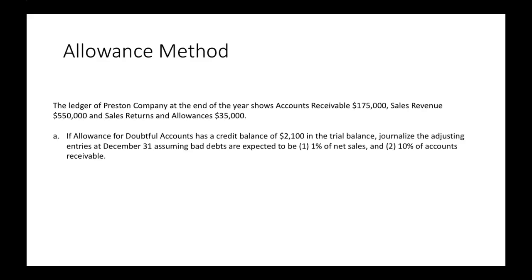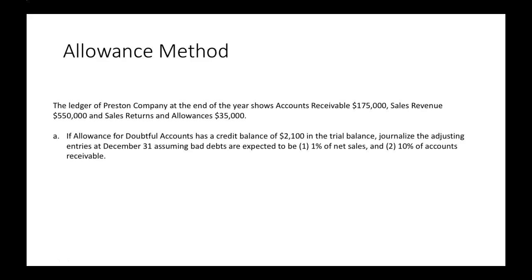So we're told here that the ledger of Preston Company at the end of the year shows balances in accounts receivable of $175,000, a balance in sales revenue of $550,000, and a balance in sales returns and allowances of $35,000.